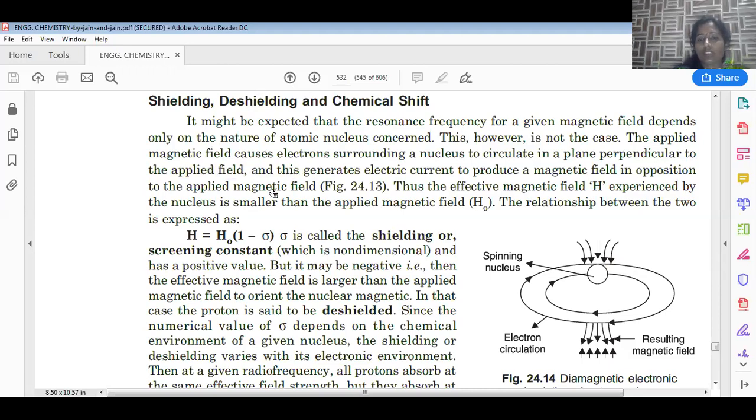Now let us see what is meant by shielding and what is meant by deshielding. As we already know, there are two kinds of magnetic field which we experience in NMR spectroscopy. One is the primary or external magnetic field we are applying, and the second is the secondary or induced magnetic field present in the molecule.